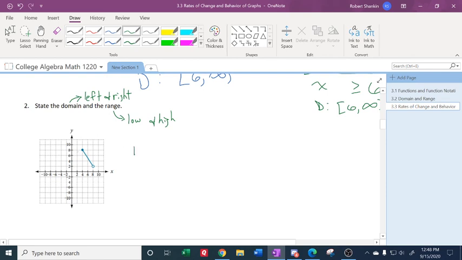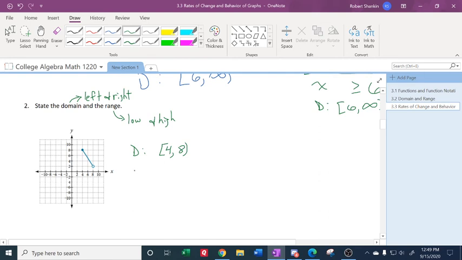So the domain is from what? From 4. Now, 4, I want to include the endpoint. All the way to 8, but don't include that endpoint because it's an open circle.